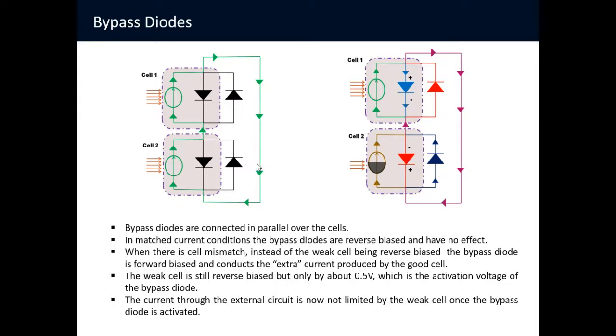This conducts the extra current, let's say, and in that way prevents that hotspot from occurring. It does affect the performance of the module in total, and we will see in later slides how the activation of bypass diodes affects the module and string performance, but it prevents any catastrophic damage.